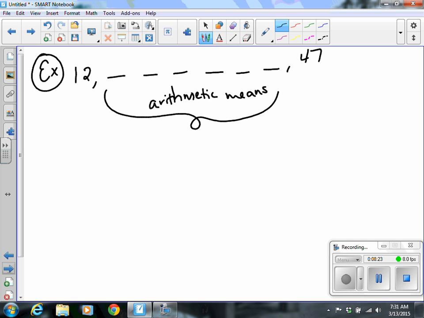And what happens is we're still using that same formula that we were using before. a_1 in this case represents the 12. a_n, which is my last term, equals 47. n, well, how many place values are there? I have to find the 6 numbers in between plus the outside 2, so n is 8.